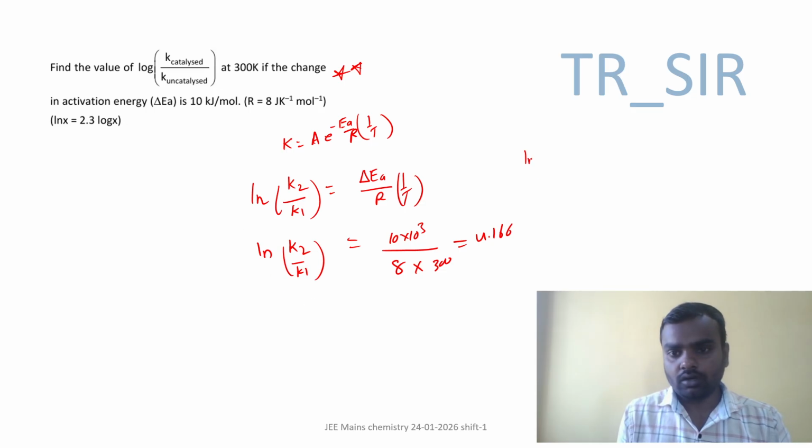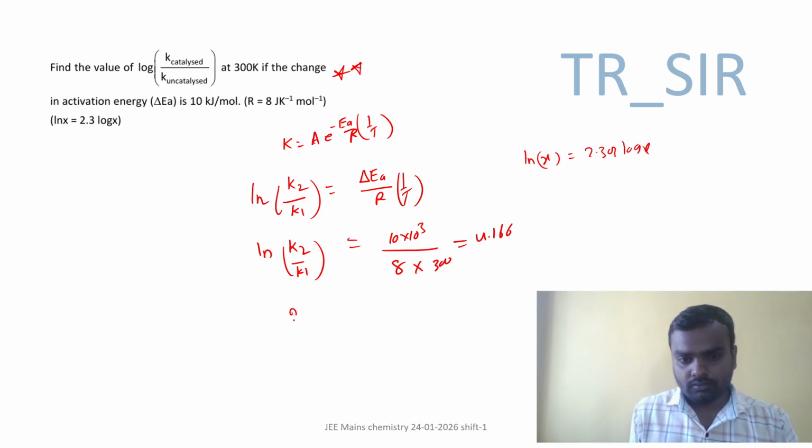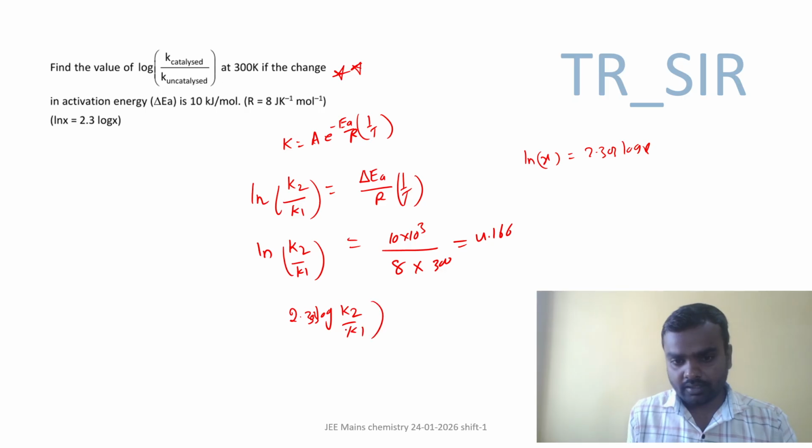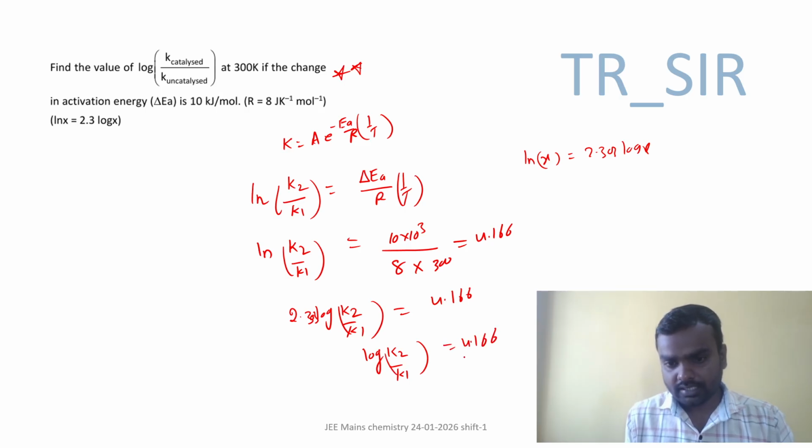So ln to log. ln x is equal to 2.303 log x. Now what do we do? So 2.303 log of K2 by K1 is 4.166. So log K2 by K1 is equal to 4.166 by 2.303.